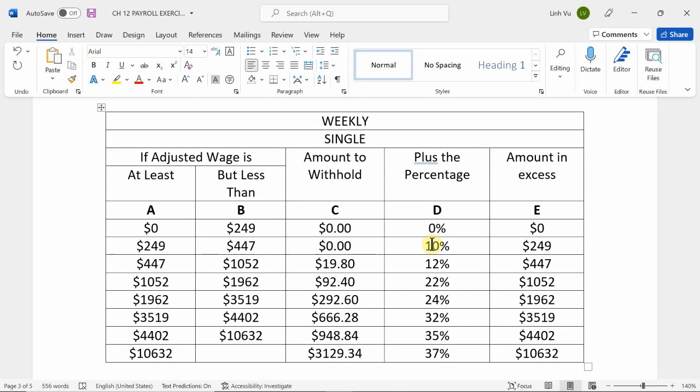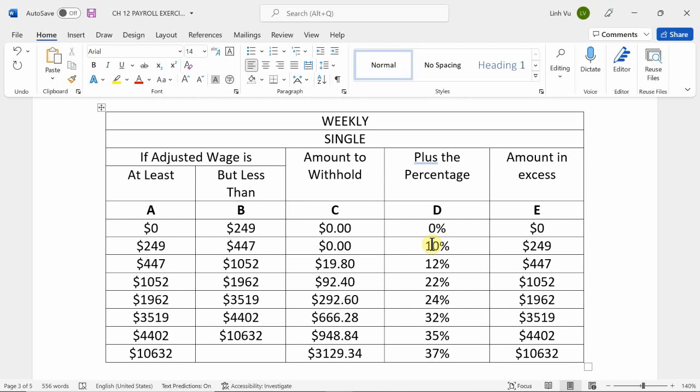Why are you dividing by 10? Why are you multiplying by 10?